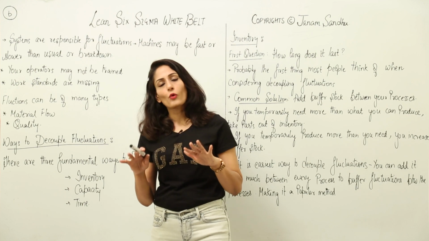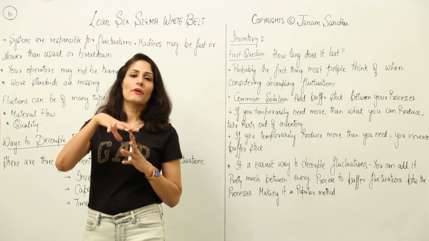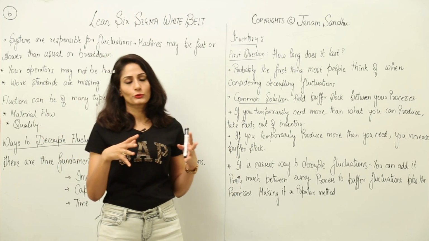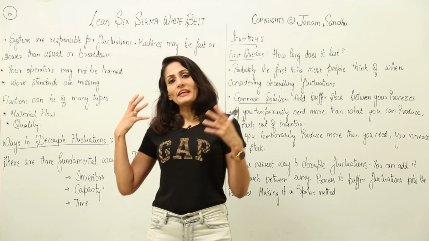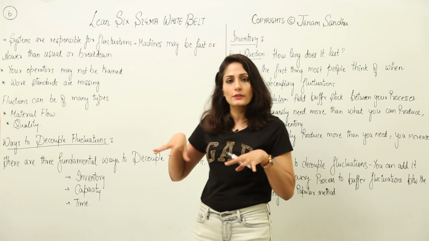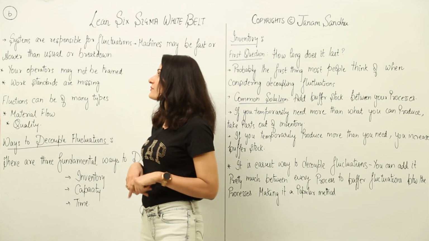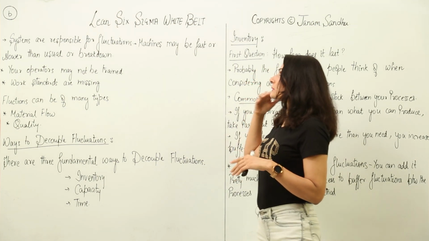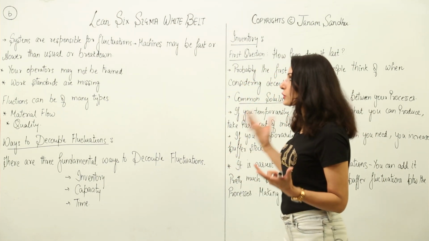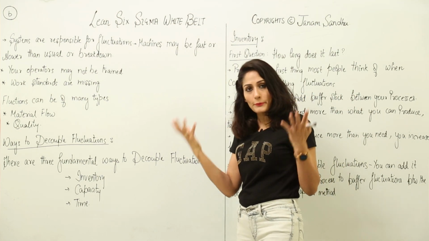It's not always the outside factors, like the suppliers and the customers, that bring in fluctuations. We even have these sources within our processes, within our systems. Systems are also responsible for fluctuations: machines may be faster or slower than usual, or there can be a breakdown.